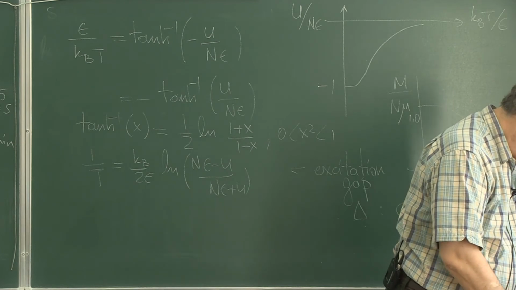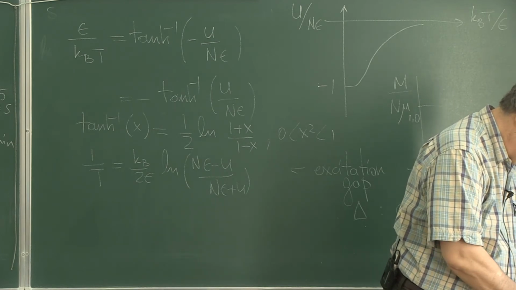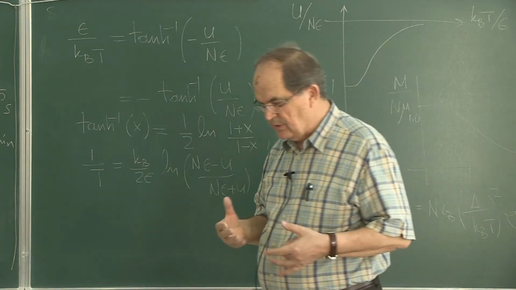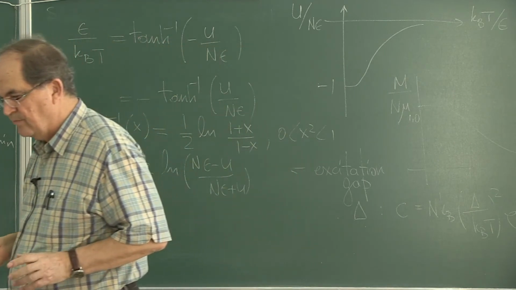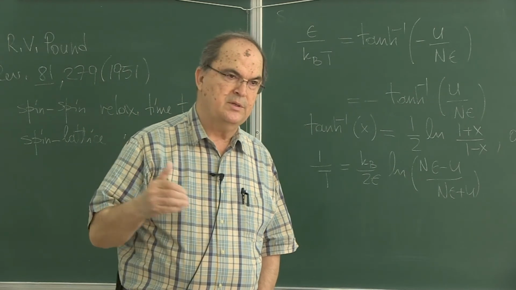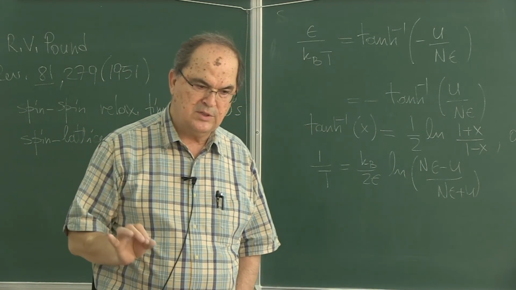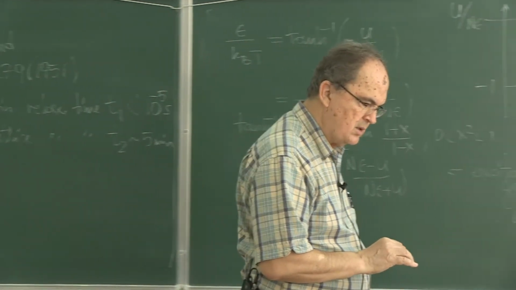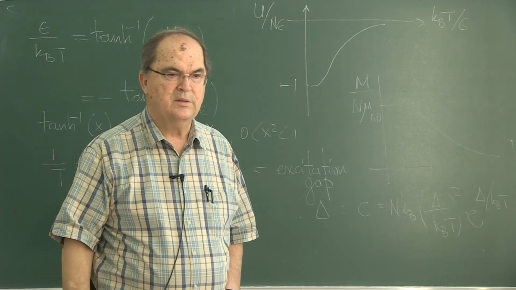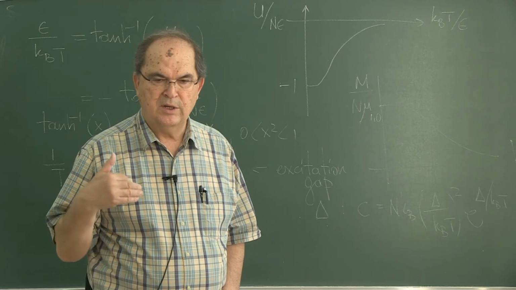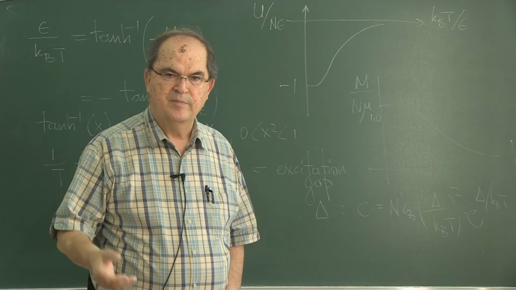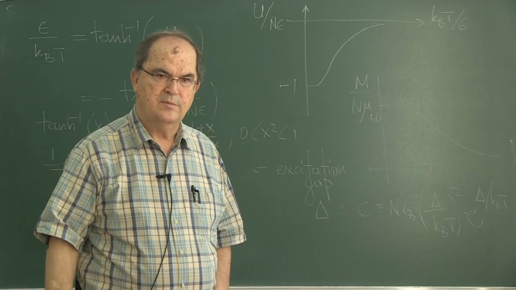Now, let me remind you what I have done for the grand canonical ensemble. Remember, this is a collection of systems for which we have energy and particle exchange. So the systems making up the grand canonical ensemble are interacting with a heat and particle reservoir and exchanging heat, that means energy, and particles with the reservoir.